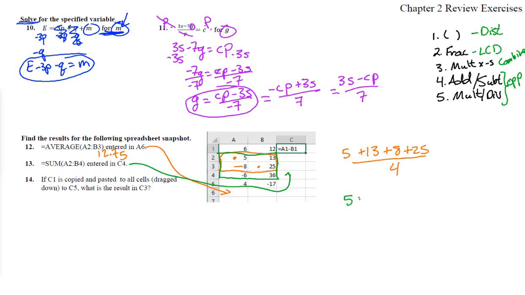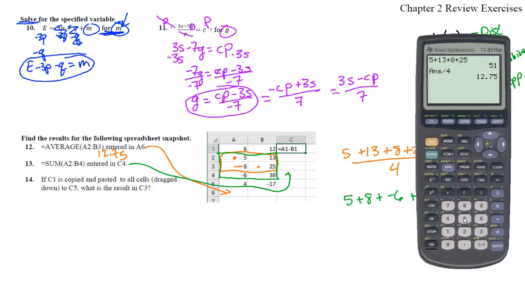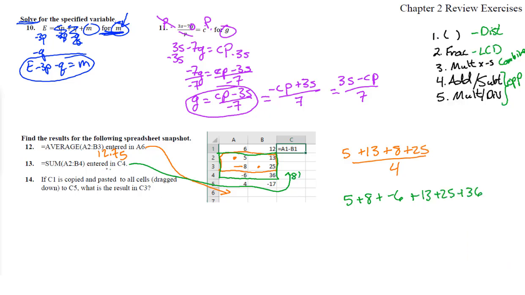So that'd be 5 plus 8 plus a negative 6 plus 13 plus 25 plus 36. Get out our handy dandy calculator and punch that in. 5 plus 8 minus 6 plus 13 plus 25 plus 36. Excel does that really quick, but it should give us an 81 right there. So 81.